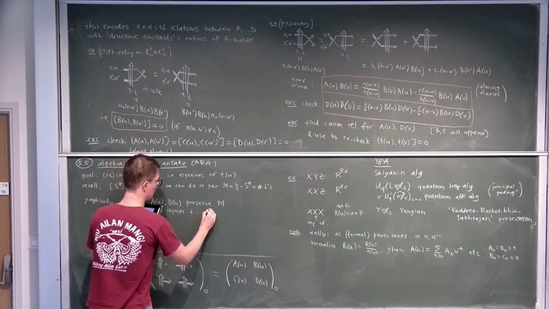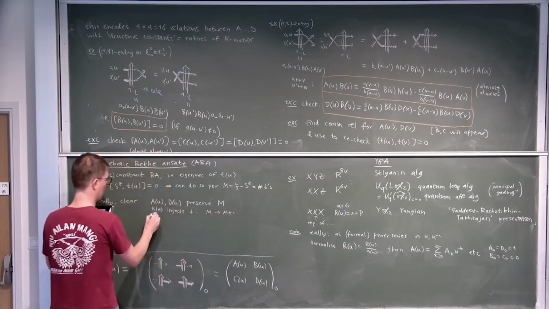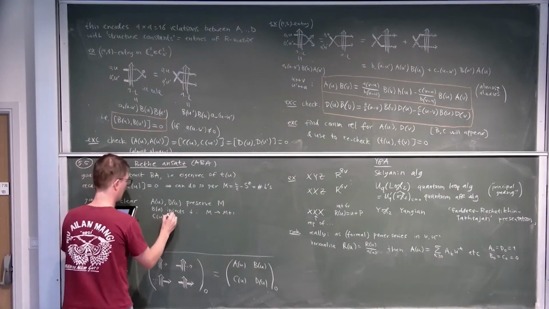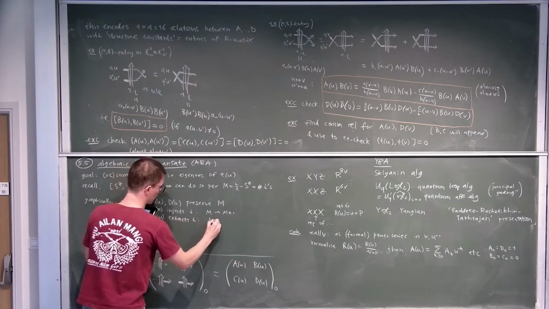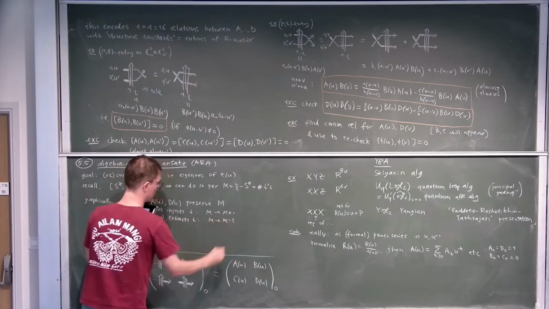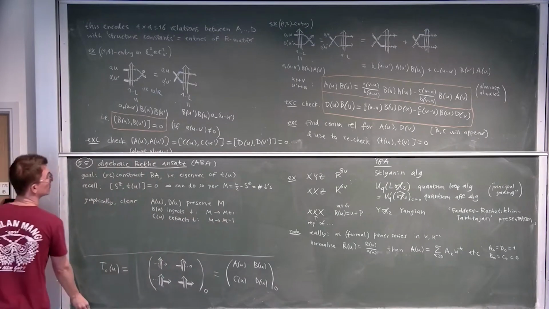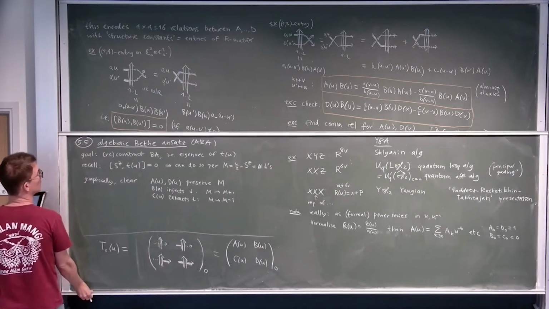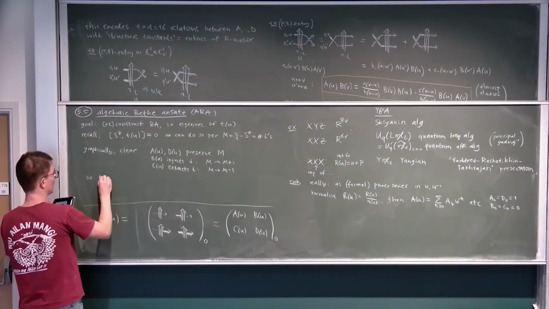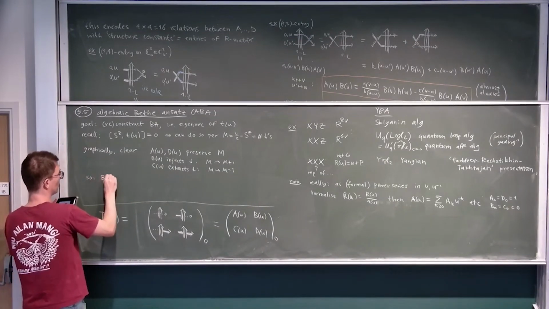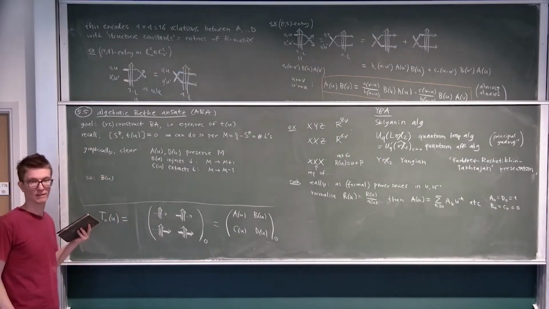In other words, it sends us from M to M plus 1. And conversely, the C operator extracts a down spin, so it sends us from M to M minus 1. So from this, we see that the B operator is a natural candidate for a creation operator because it creates one down spin. And that's the goal.